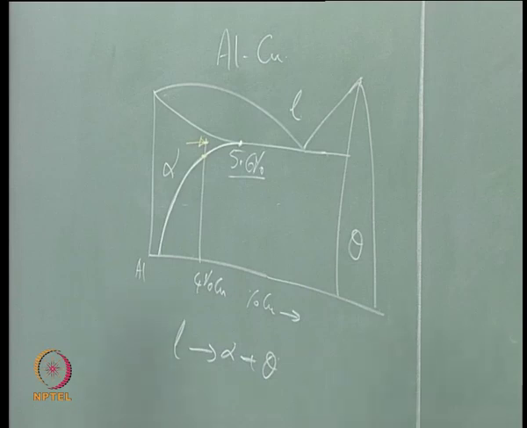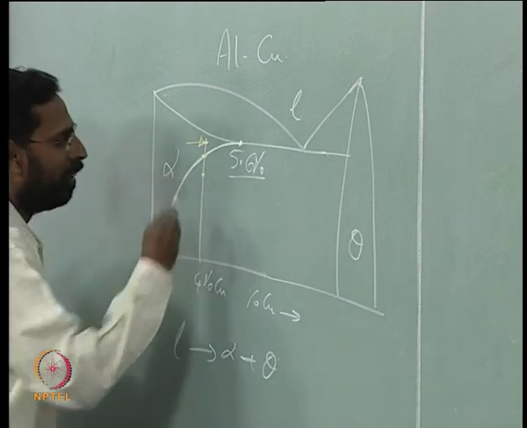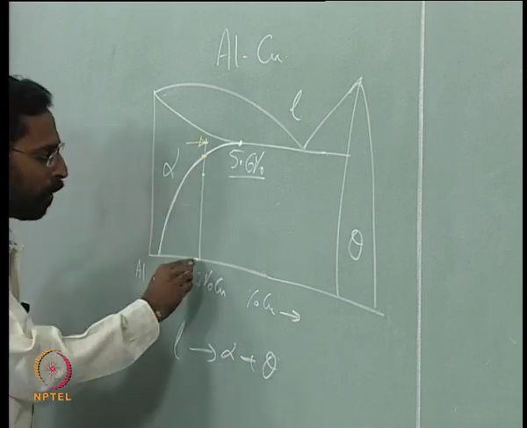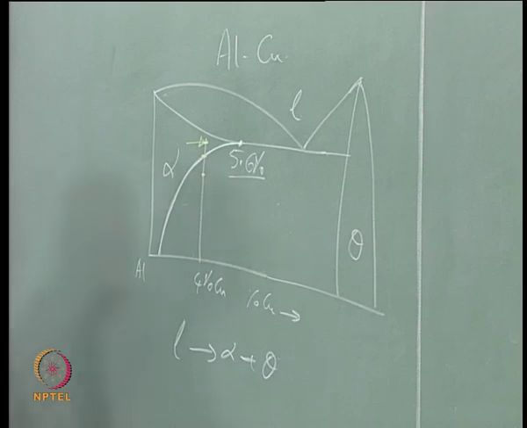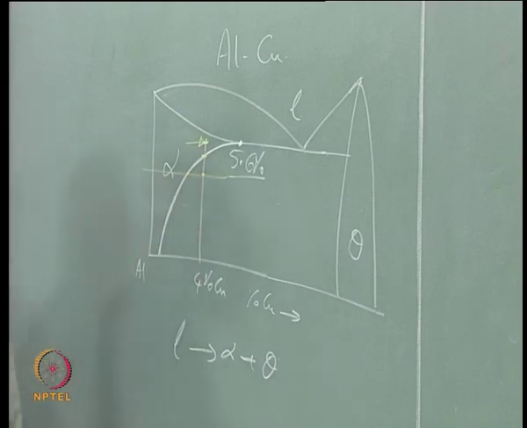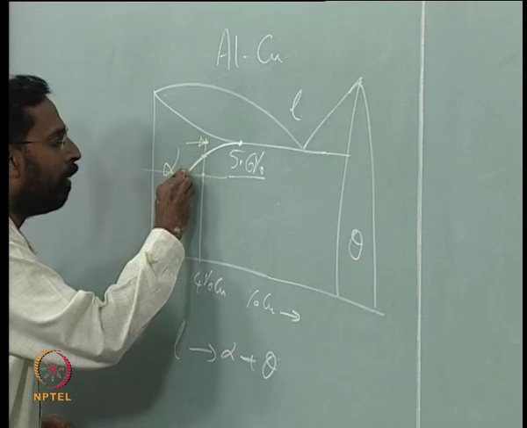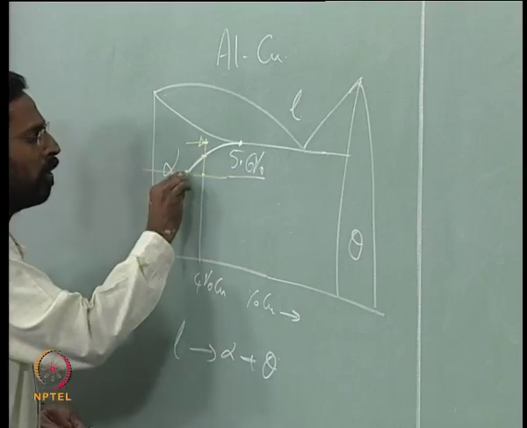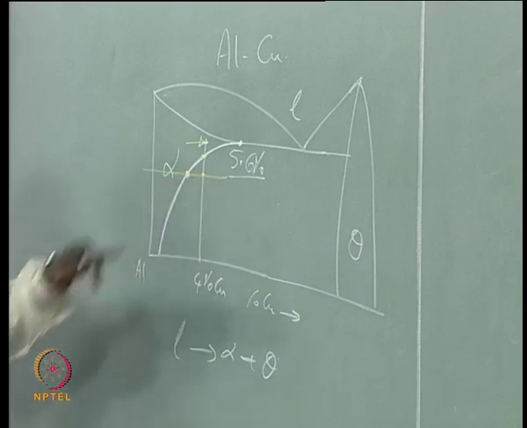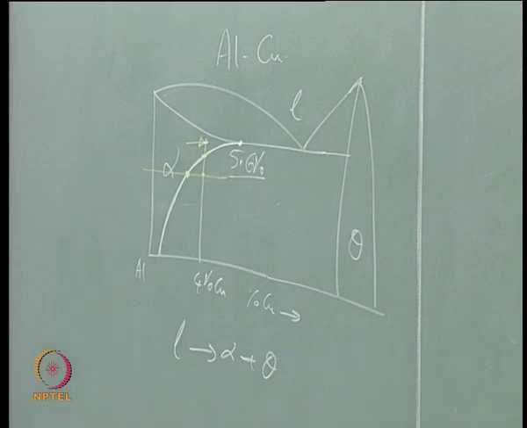Why? Because at that temperature the alloy composition is 4%, and if I draw a tie line, the solubility of copper in alpha is this value. Because the alloy has more copper than what it can dissolve as a solid solution, this excess copper should be rejected out, isn't it?